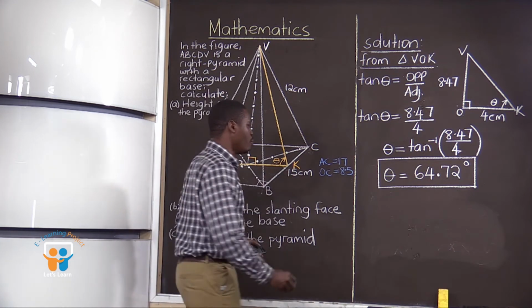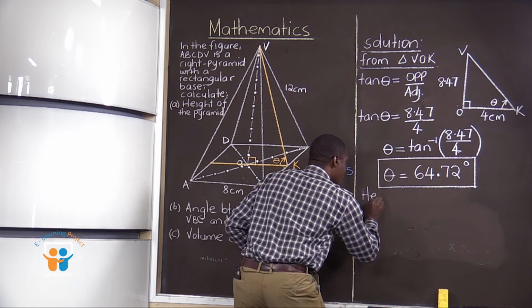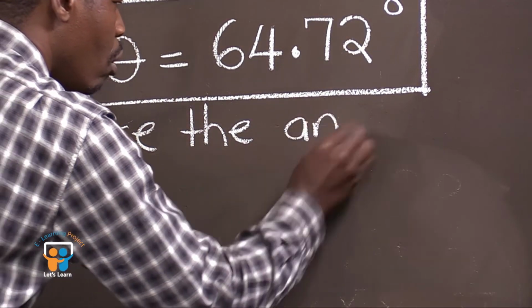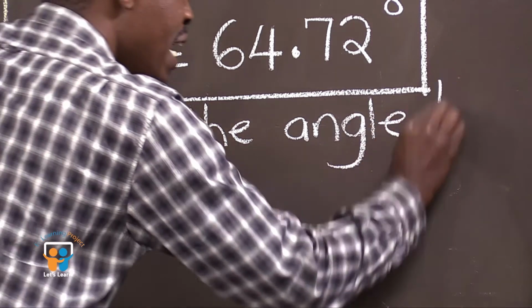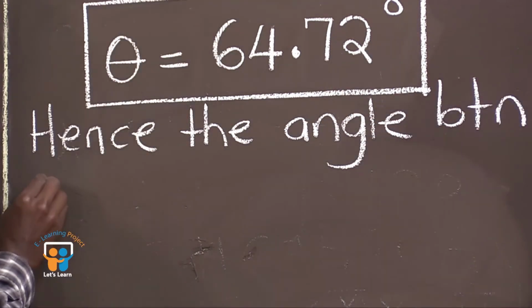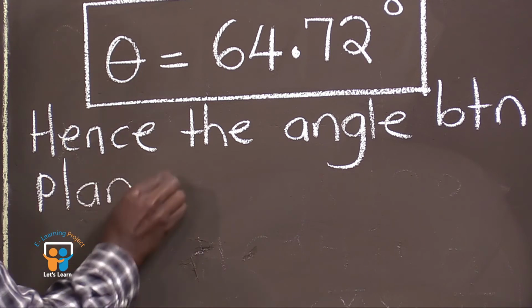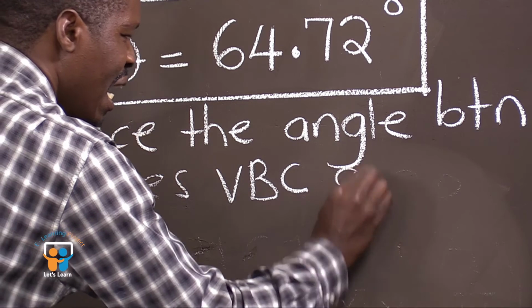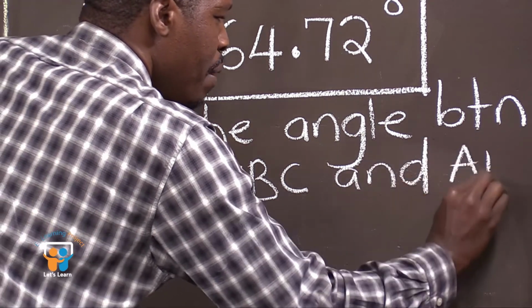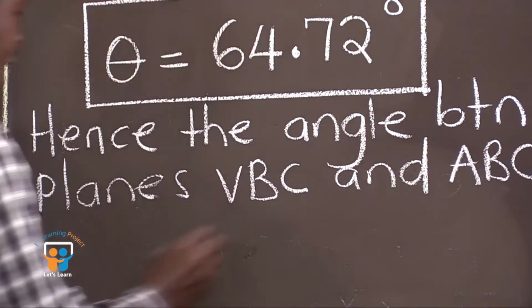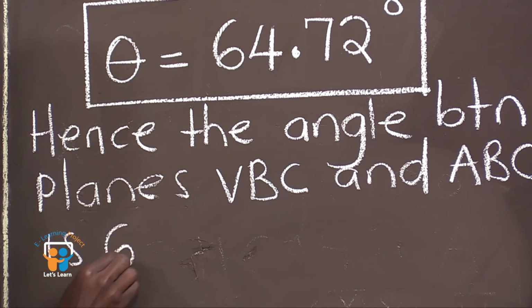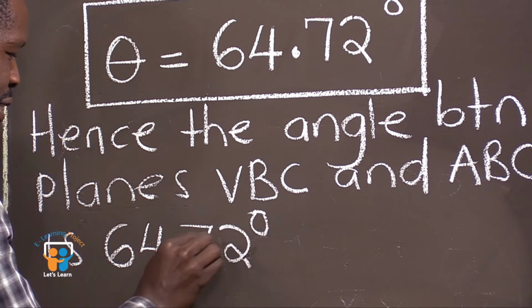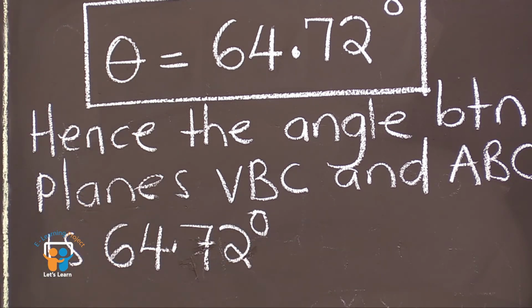We can even conclude by saying, Mr. Examiner, sir, hence the angle between planes VBC and ABCD is 64.72 degrees. And that becomes our final answer.